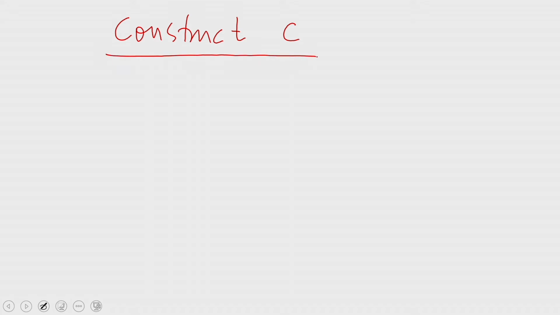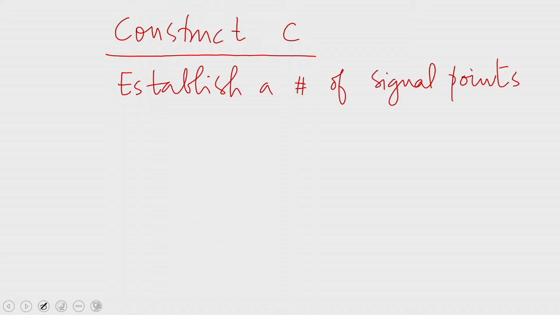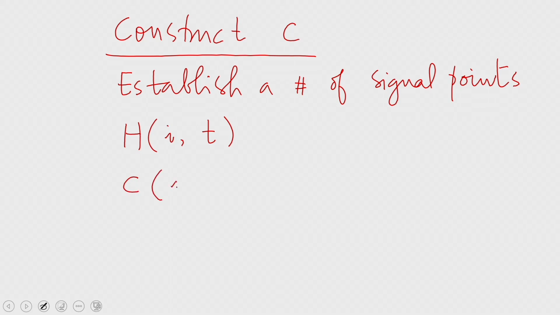Now, we are going to construct a circuit C. To construct C, we will establish a number of signal points. These signal points are of the form H_it, C_ijt, and S_kt.